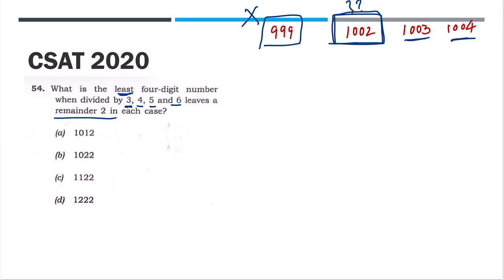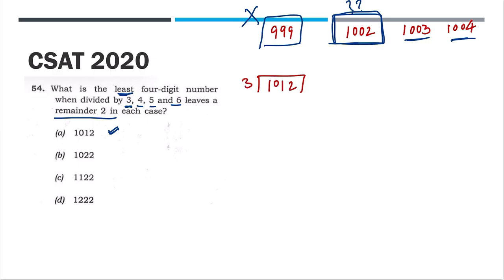Now, if these numbers are given 1012, 1022, 1122, 1222, all are 4-digit number, I have to find the least number. So always start with the least to check. Now 1012. Now 1012 I am checking by 3, right?